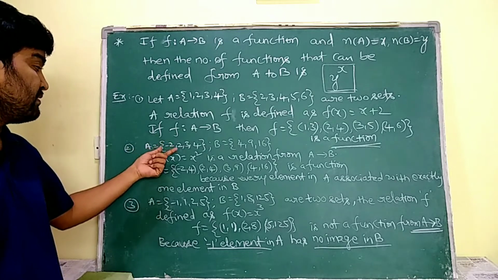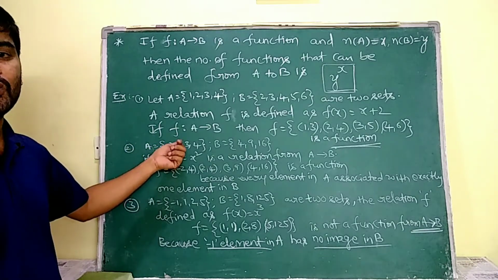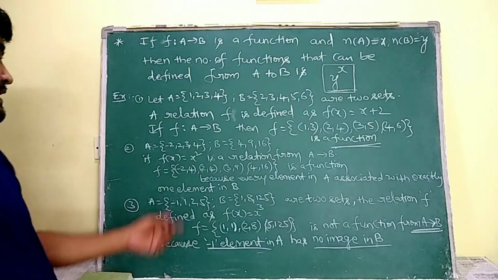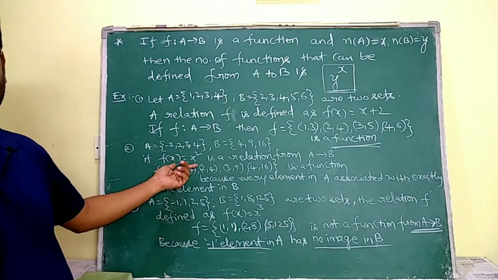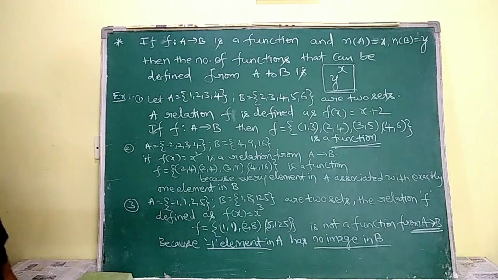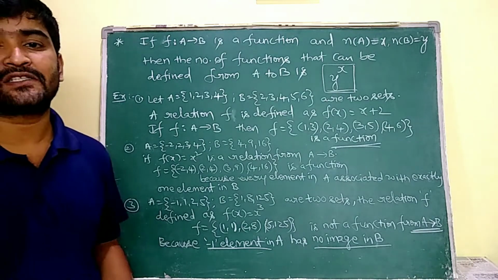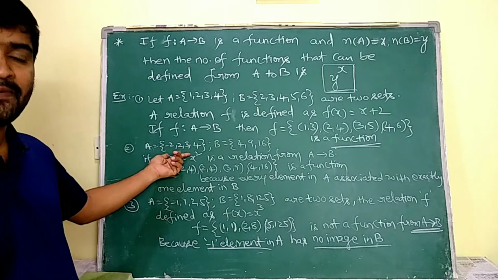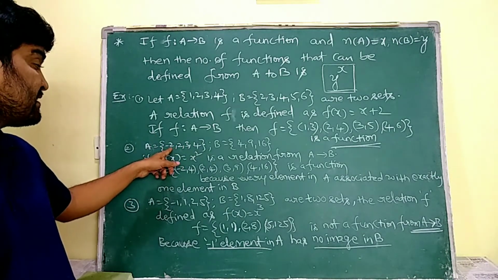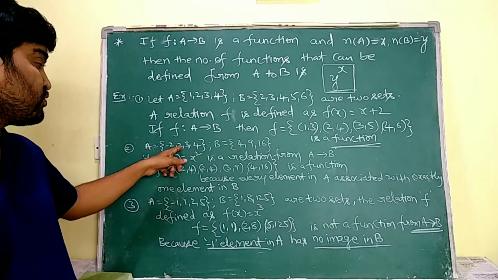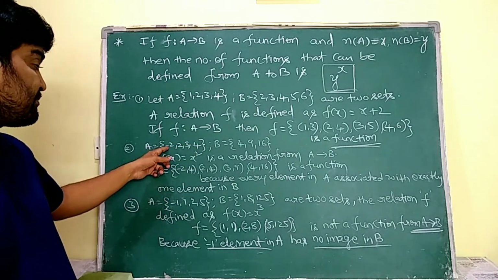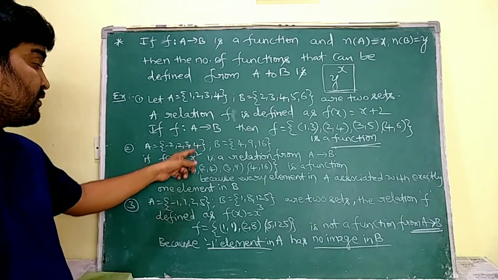Now here, the second example. See, A is the set {-2, 2, 3, 4} and B is the set {4, 9, 16}. Here the relation is defined as f of x is equal to x square. Now I am going to find the ordered pairs of the relation f of x is equal to x square for the elements of the domain. Here the domain is A, that is -2, 2, 3, 4. So substitute these in it.